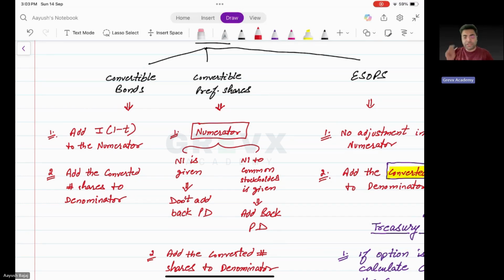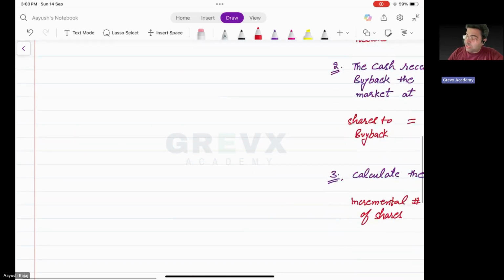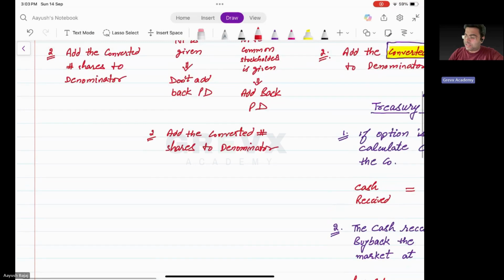If convertible preference shares is given to you, no problem, you will do this adjustment for the convertible preference shares. If ESOPs is given, no problem, you will do the adjustment for ESOPs. The problem comes when all three of them are given together, right? And it is not as simple as it looks.